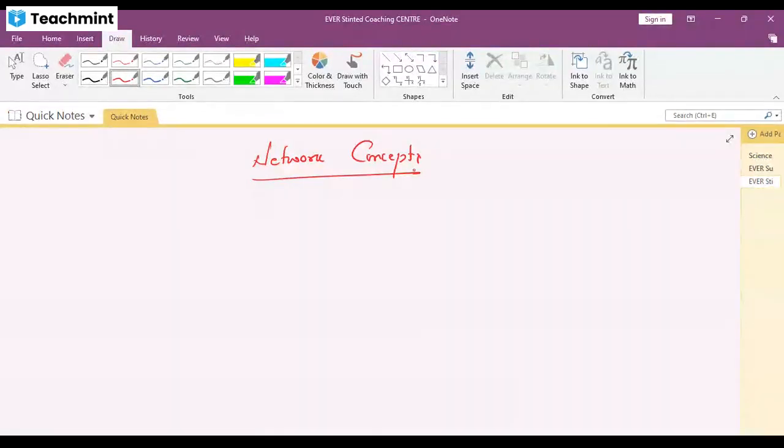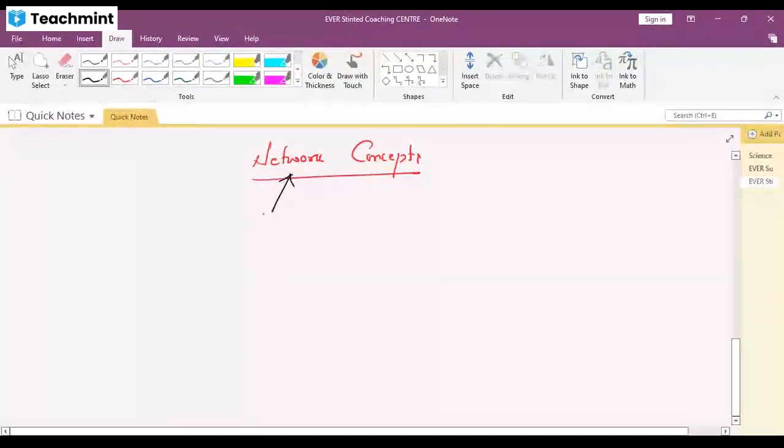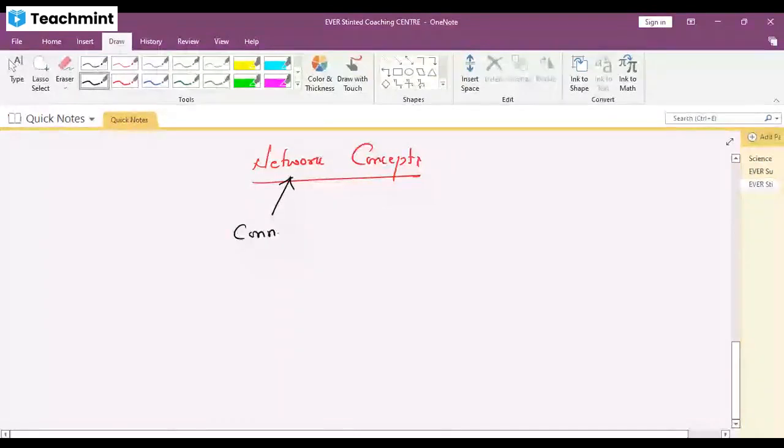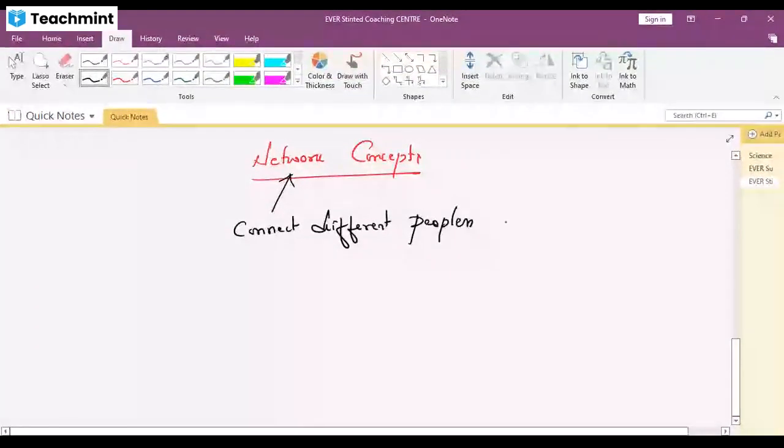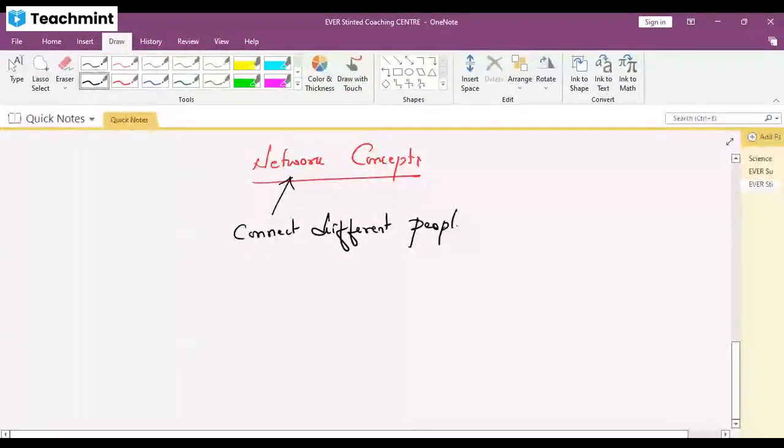What is network? It is just an interconnection and sharing of resources. Understood? We are connecting different people and sharing our ideas.